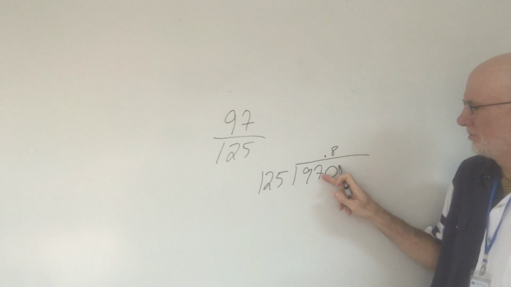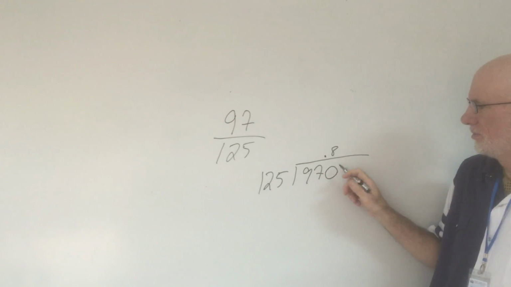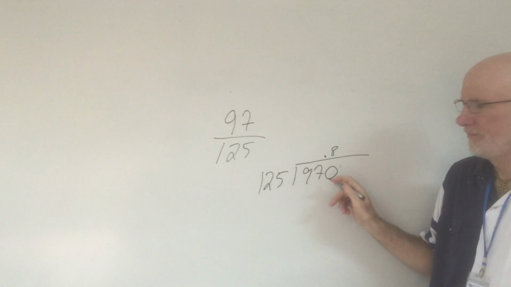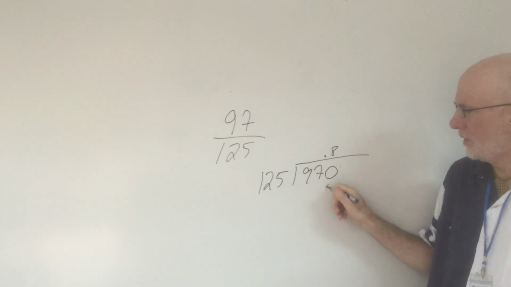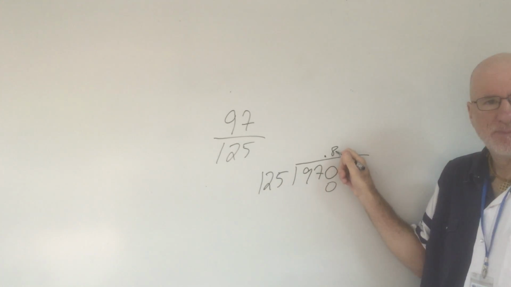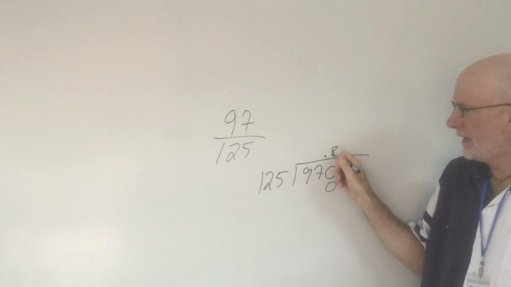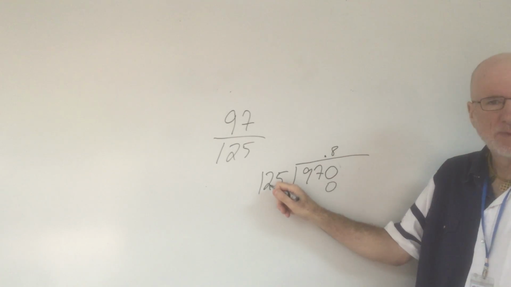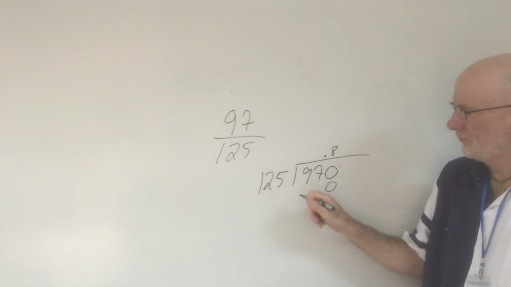So, what's 8 times 5? 40, right? 8 times 2, 16, plus 4.